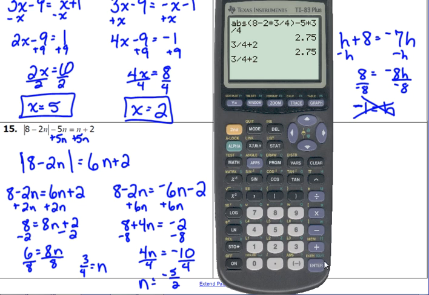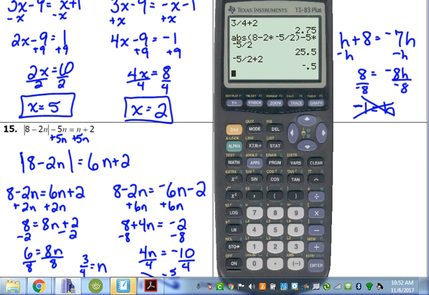Let's try the negative 5 over 2. Ooh, that one definitely does not work out. Did I type everything in right? 8 minus 2 times negative 5 over 2 minus 5 times negative 5. Yep. Okay. So another extraneous solution.